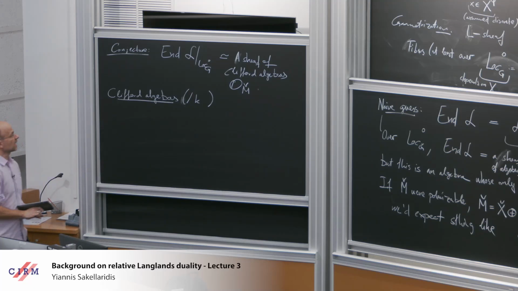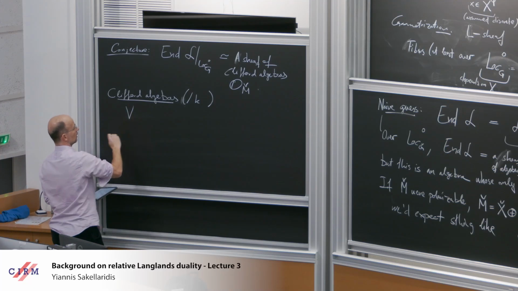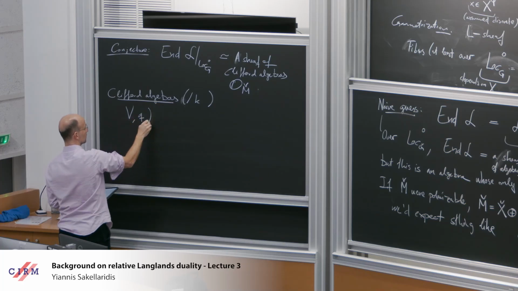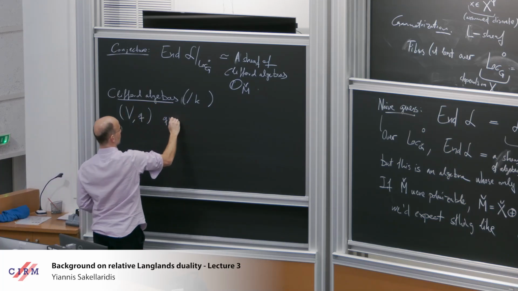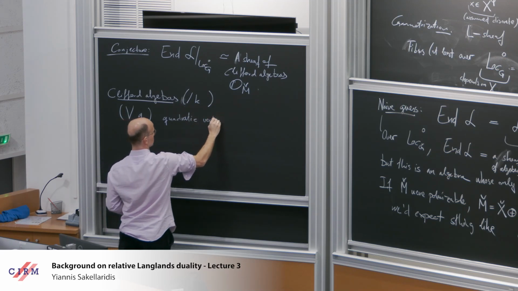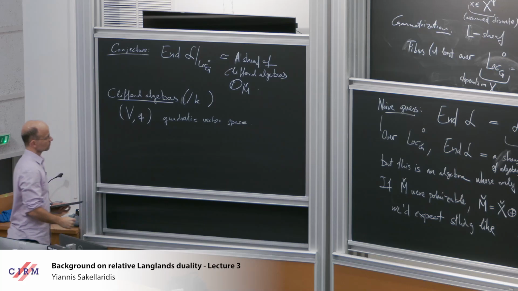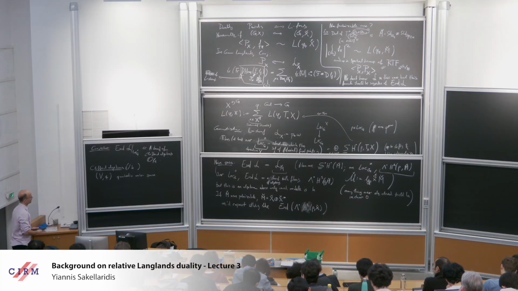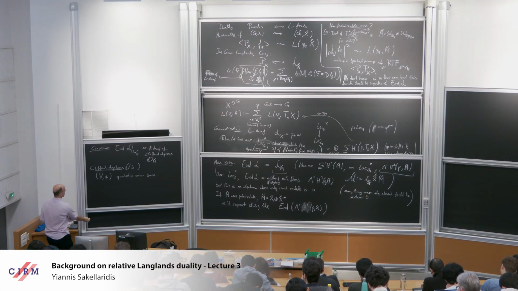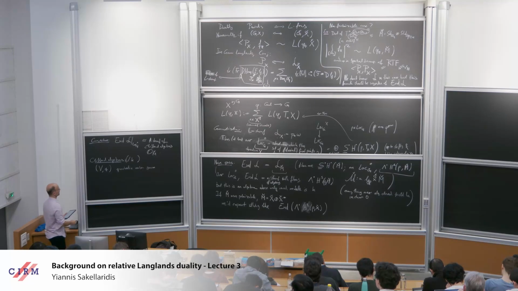So a Clifford algebra is built out of a vector space V, which is quadratic. So it's endowed with a quadratic form. And the Clifford algebra is a deformation of the exterior algebra.